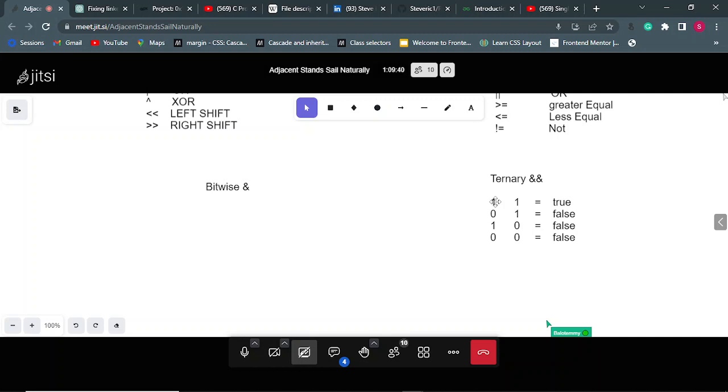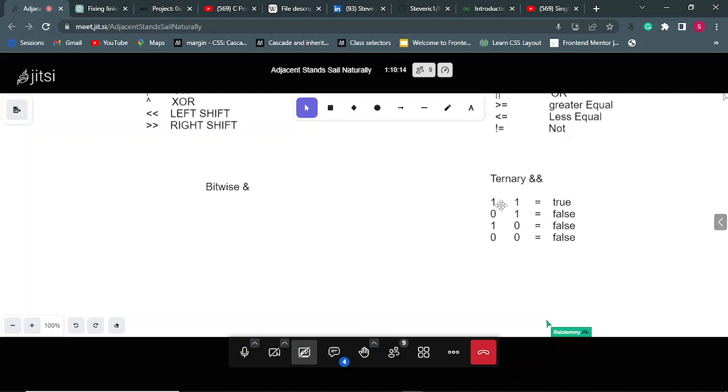So if both sides are true, then automatically it will be true. But if one side is false and the other side is true, it will be false. As you can see, this true here is in human readable format, because I can read this true, false, false, false.